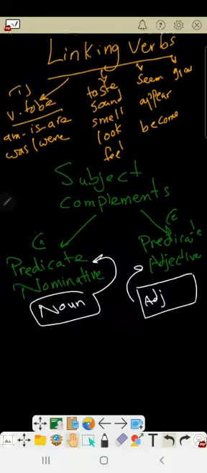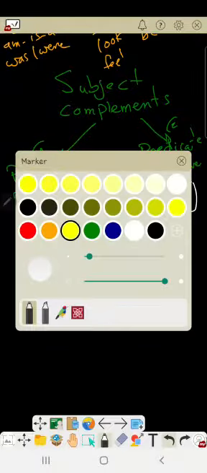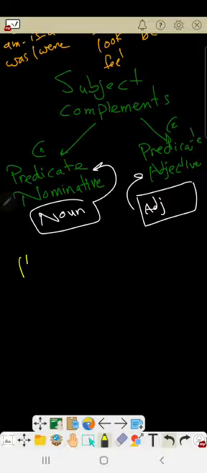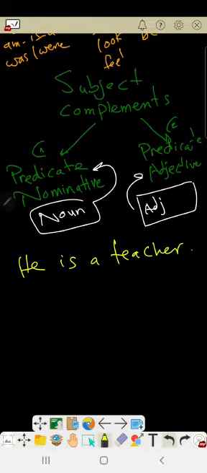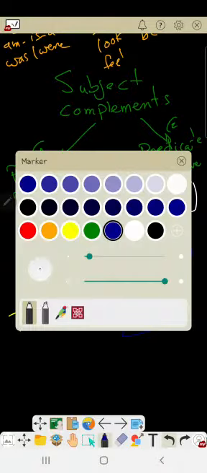Could you please give us an example? Okay, let's see. If I said "he is a teacher," again the same example that I used before, and "the food is good." We agreed above that these two words, teacher and good, are both subject complements.